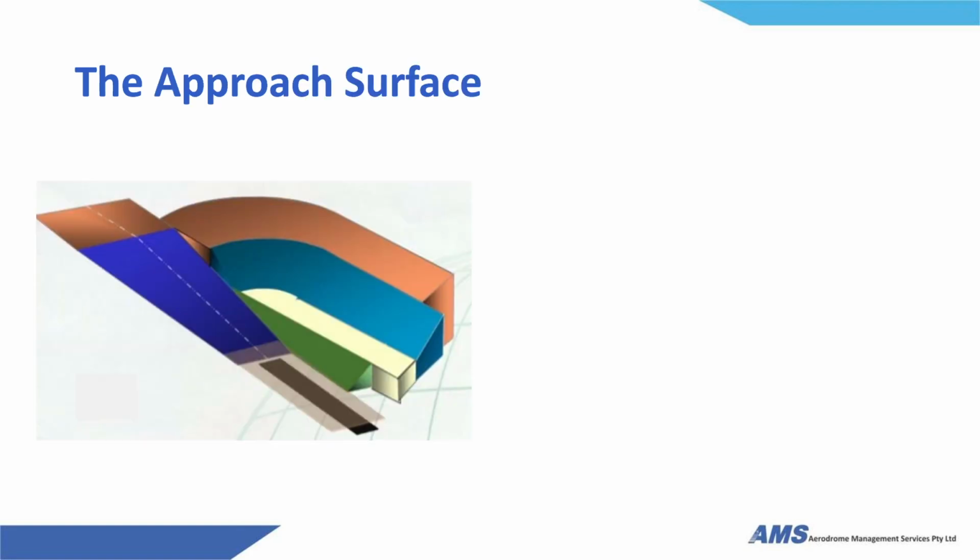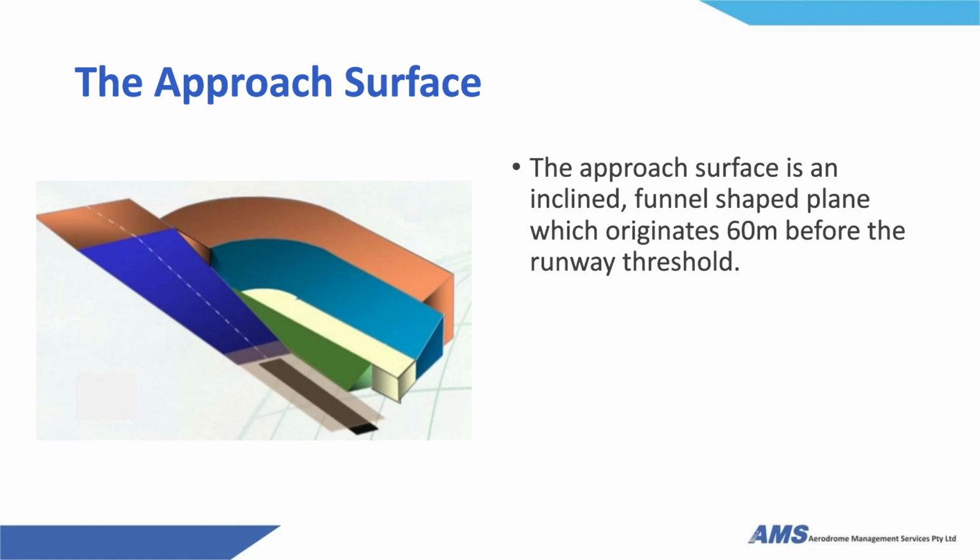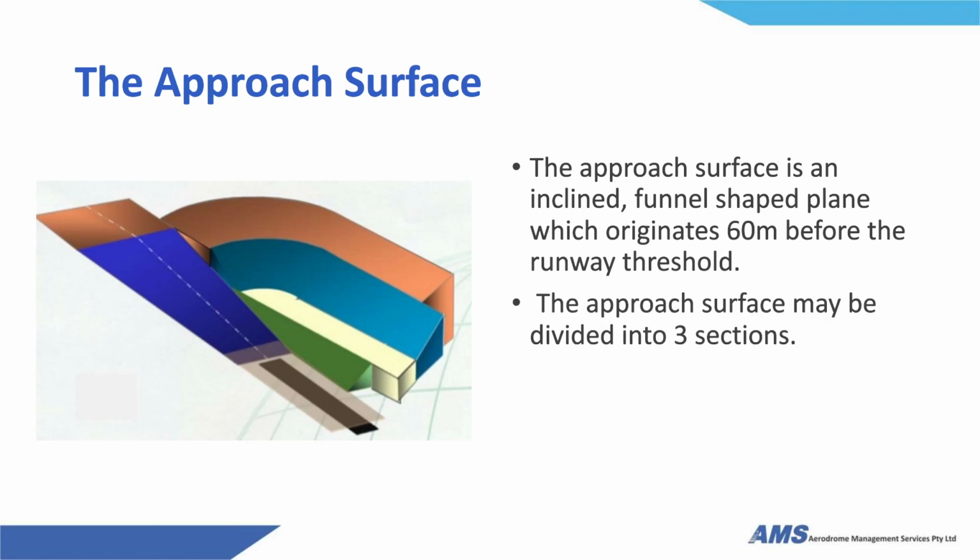The approach surface is the surface within the OLS that's going to be impacted. The approach surface is an inclined funnel-shaped plane which originates 60 metres before the runway threshold. The approach surface may be divided into 3 sections, and the overall length of the approach surface can extend up to 15,000 metres.